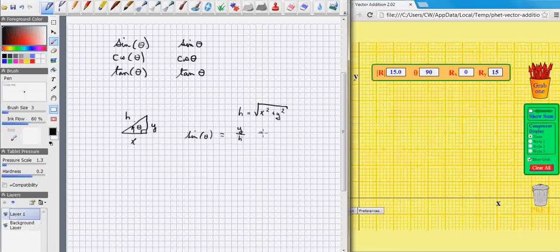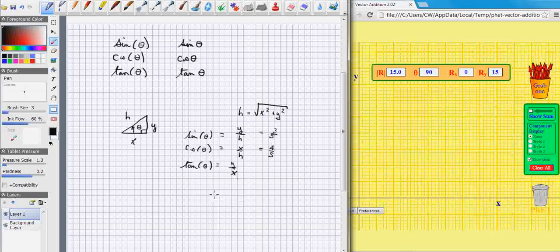The general definition for cosine theta is equal to x over h, which again for this particular triangle is equal to 4 over 5. And finally, the definition for tangent, tan theta, is equal to the ratio of y over x.